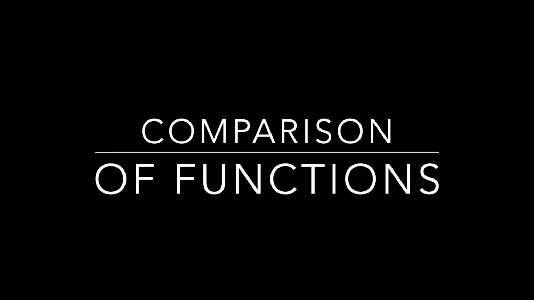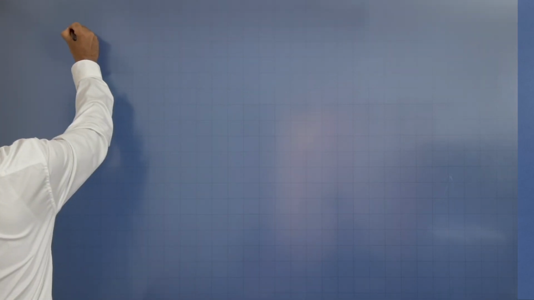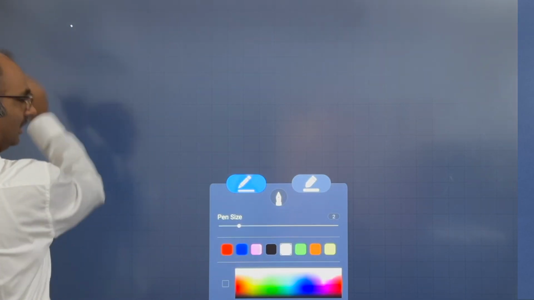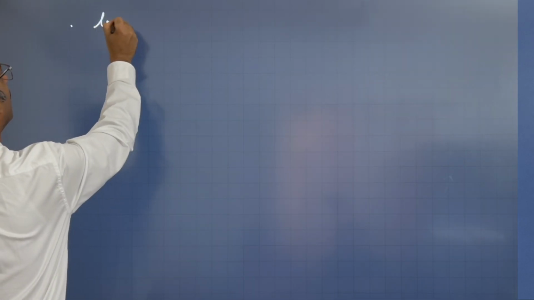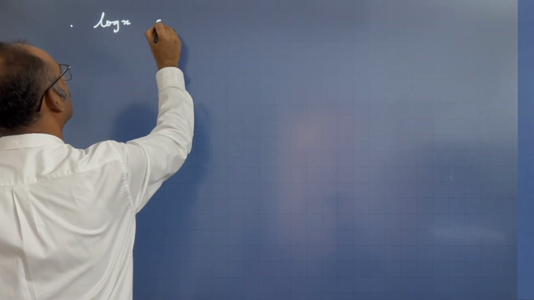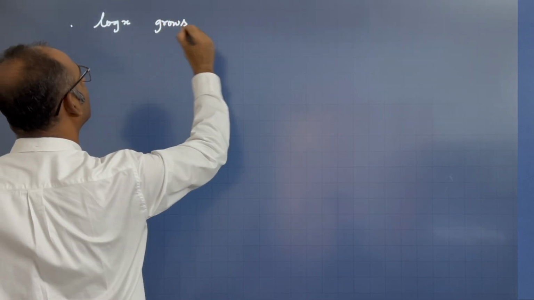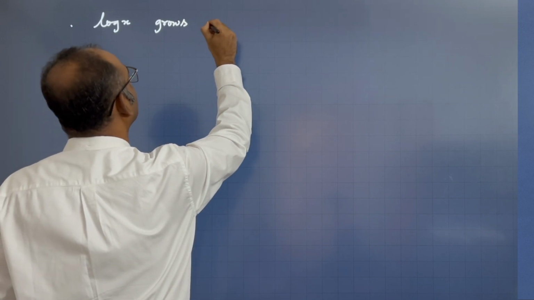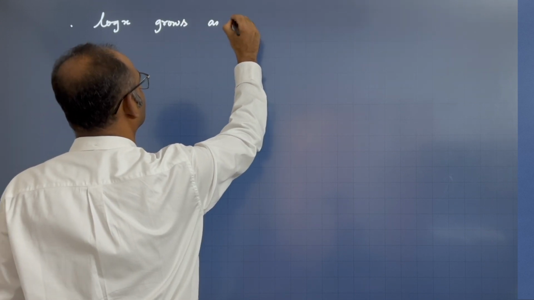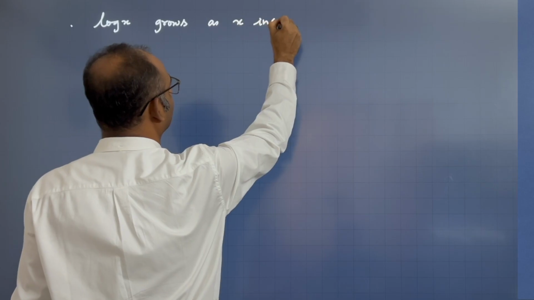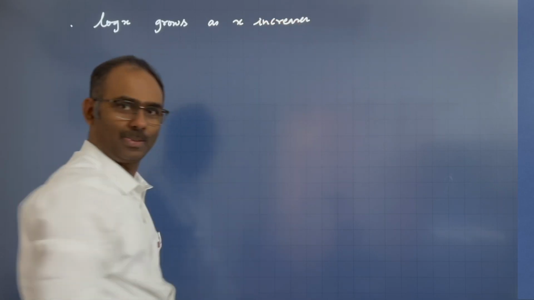Now, I made one important observation. I mean, these are all important observations, but one observation which I will carry forward is that log of x grows as x increases. That we have seen, right?